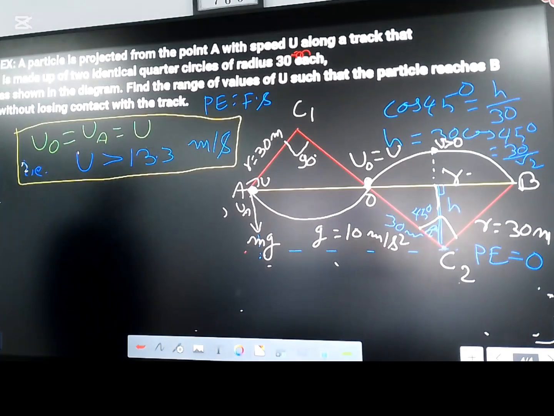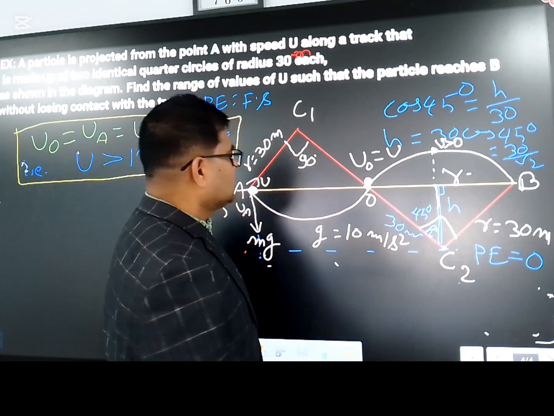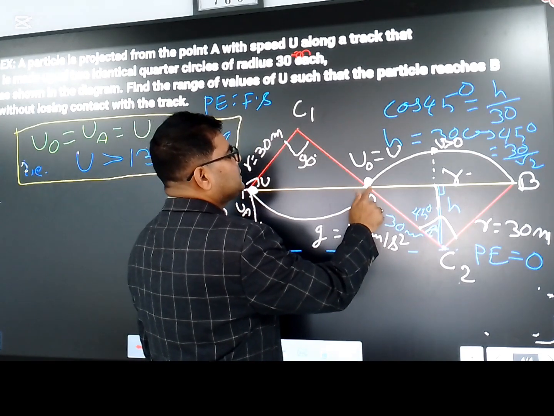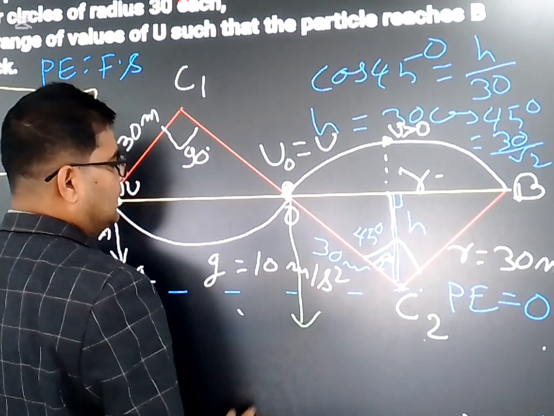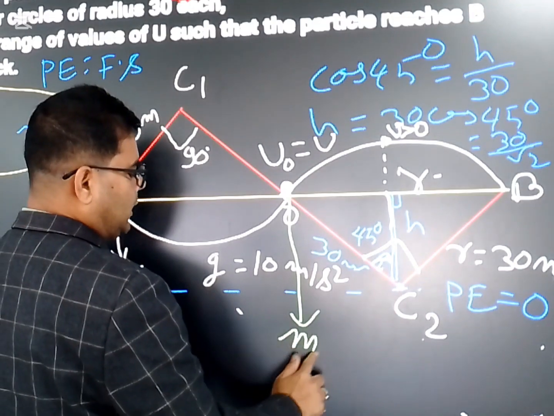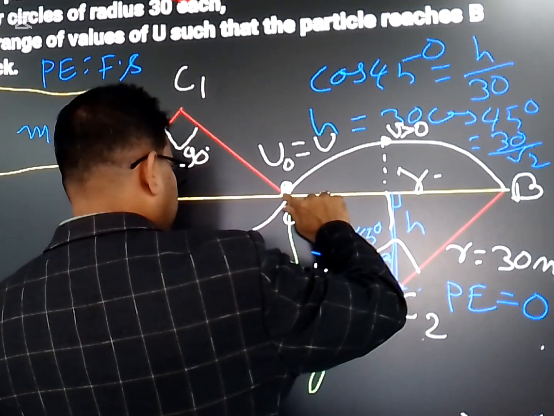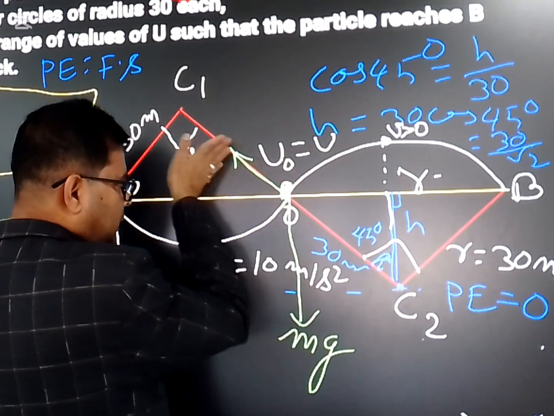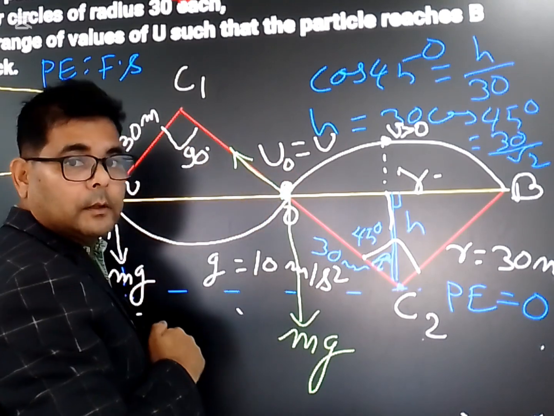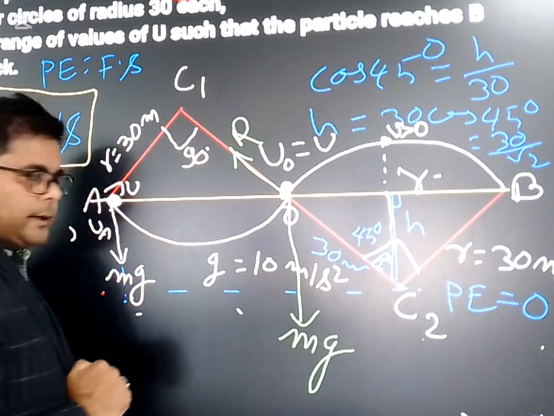Now we analyze another condition at this point. Its weight always acts vertically downward by the amount mg, and the reaction will be directed towards this center. In fact, it will be the normal to this point on the surface. So this is the reaction.